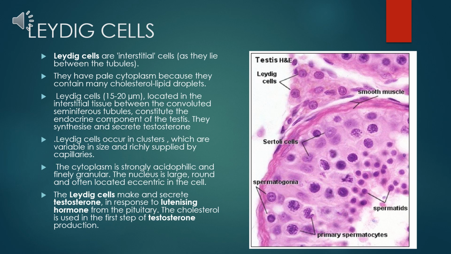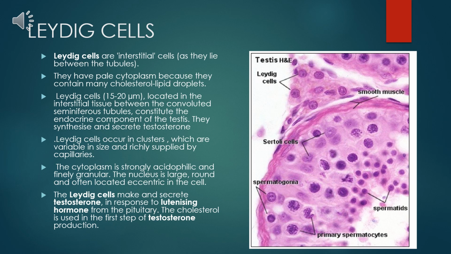So we can see them as clusters in between the seminiferous tubule, which are richly supplied by the capillaries, and the cytoplasm is strongly acidophilic, and the nucleus is large and often located eccentric in the cells. So when you draw in between the seminiferous tubules, you have to draw them as clusters, and the nucleus is large and the cytoplasm is strongly acidophilic.